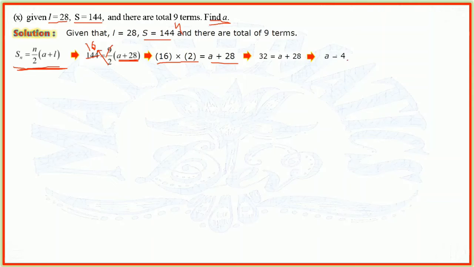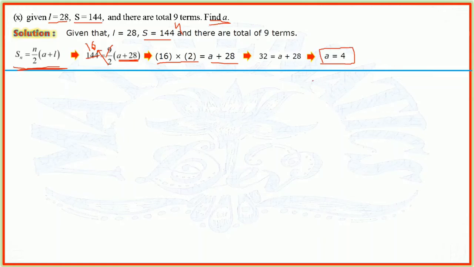So 32 − 28, a = 4 is the required answer.